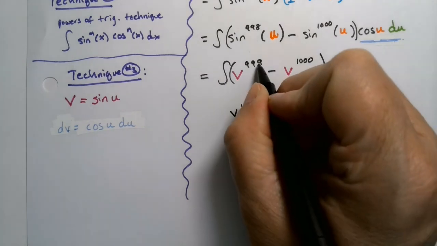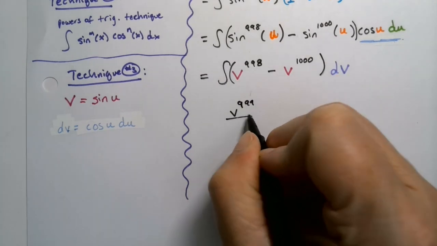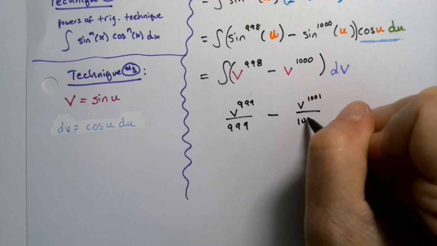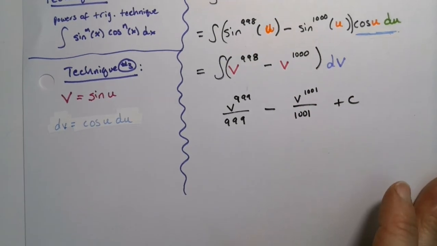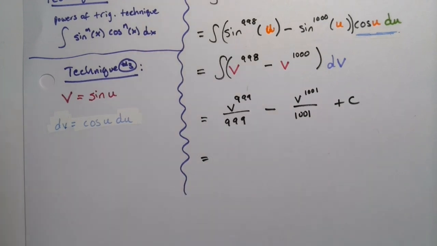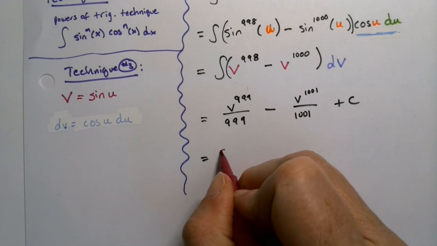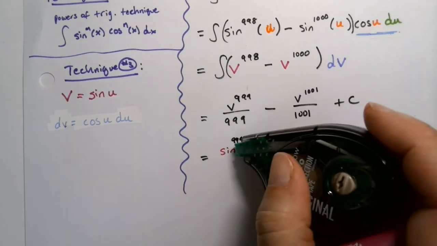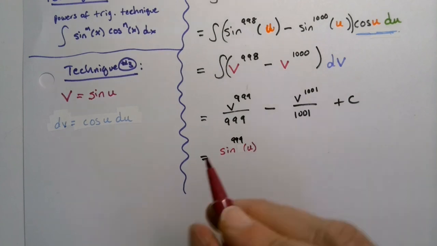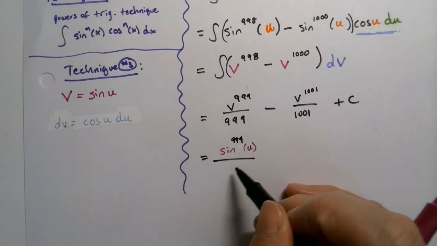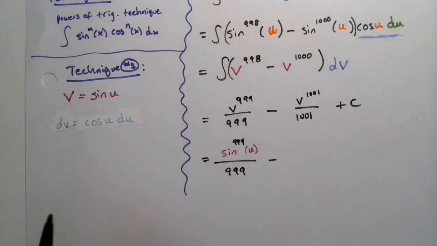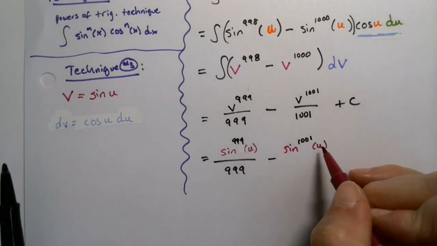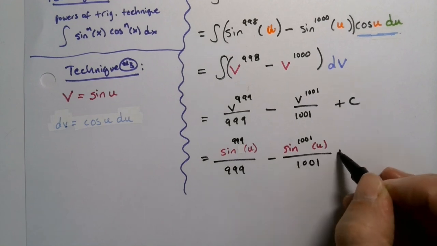So v to the 999 over 999 minus v to the 1001 over 1001 plus C. But v was sine of u, so this is sine to the 999 of u over 999 minus sine to the 1001 of u over 1001 plus C.